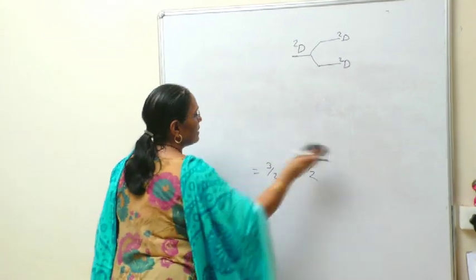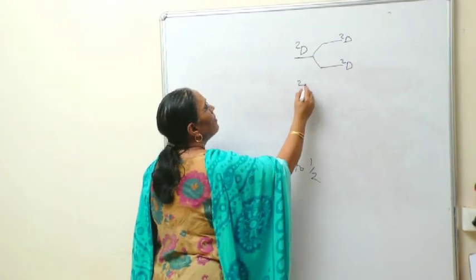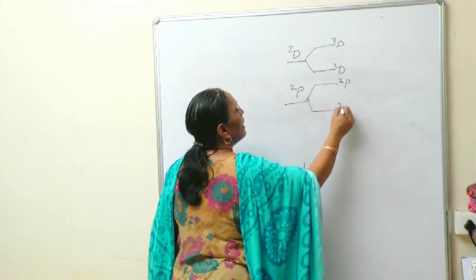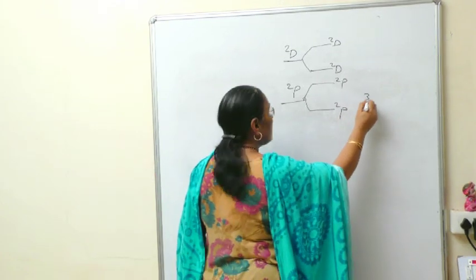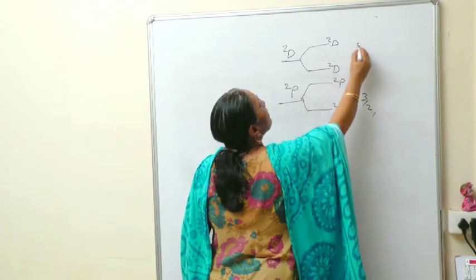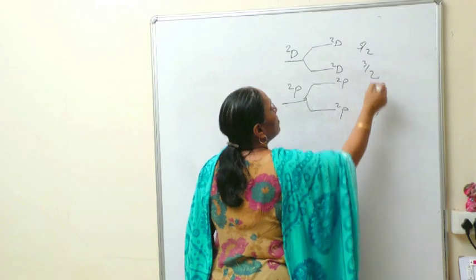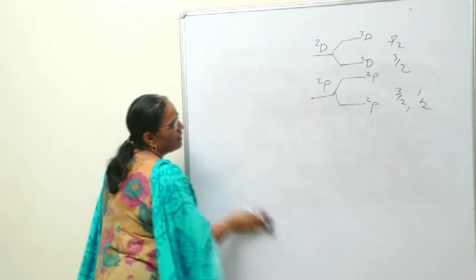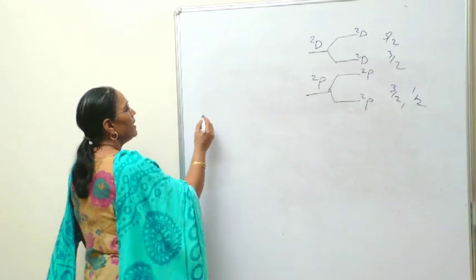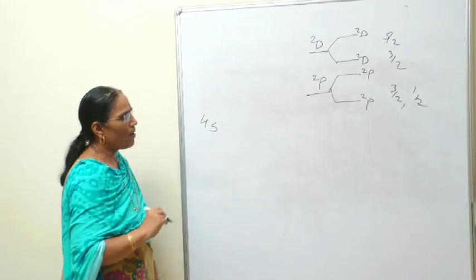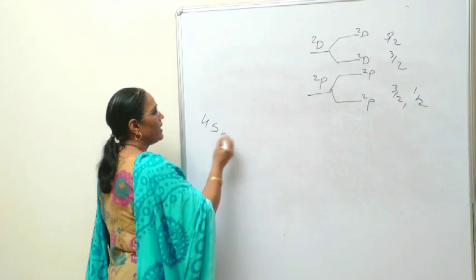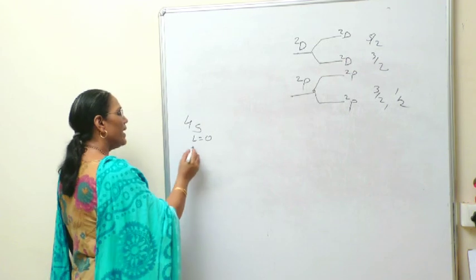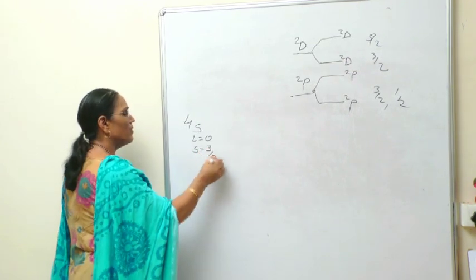Again 3/2 and 1/2. That is, the doublet P term will be split into 2 J values, or 2 energy levels, doublet P 3/2 and doublet P 1/2. Later on we will decide which is the ground state. Similarly for quartet S, for the S term L is equal to 0 and S is equal to 3/2.